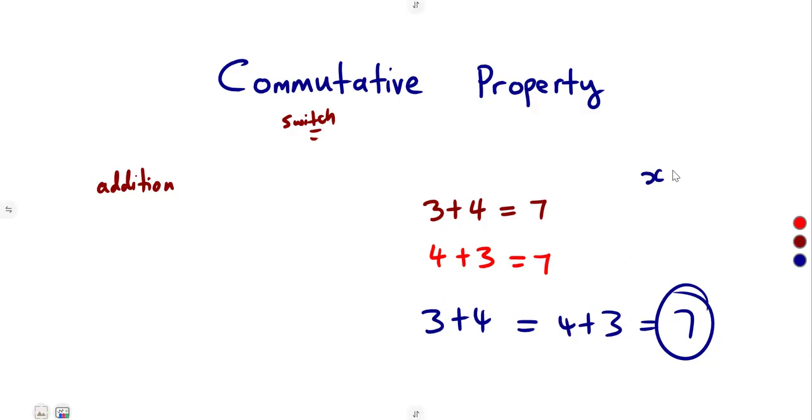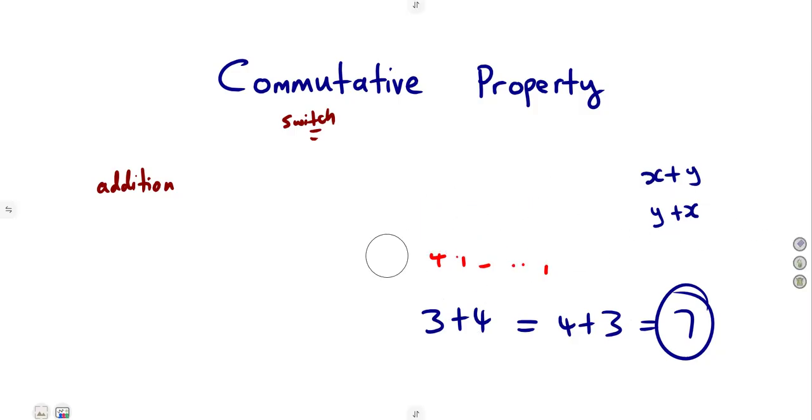If you are given x plus y, you can write it the way that you want. You can start with y and write y plus x. That is what it means. You can switch. It does not affect your answer at the end of the day. So that is what you refer to as the commutative property of addition.